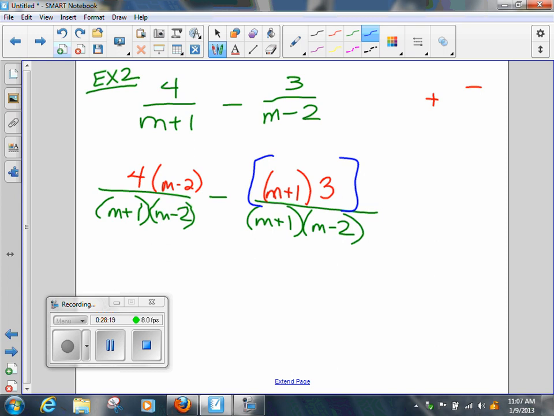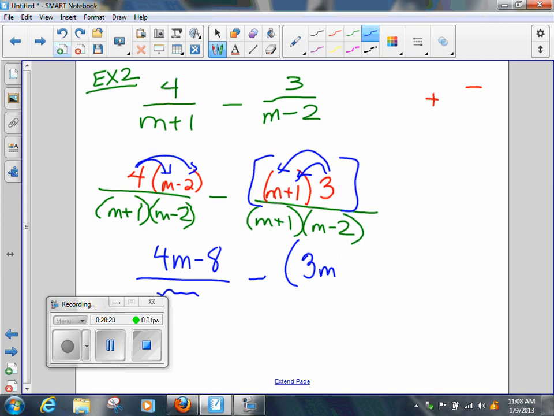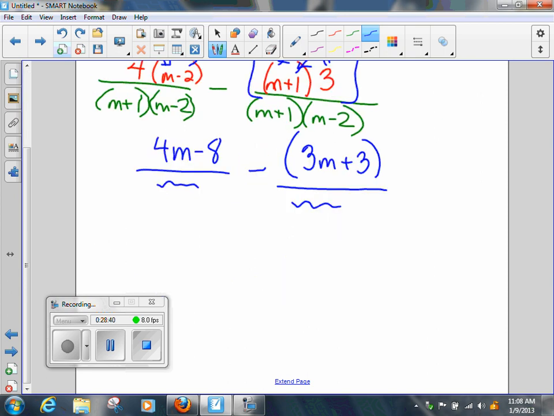Bear with me. Distribute here, 4m minus 8 over that thing, minus, distribute here, 3m plus 3 over that thing, right? Do I now have like denominators? Yes. I guess what I do is probably create an additional step, which I don't care.